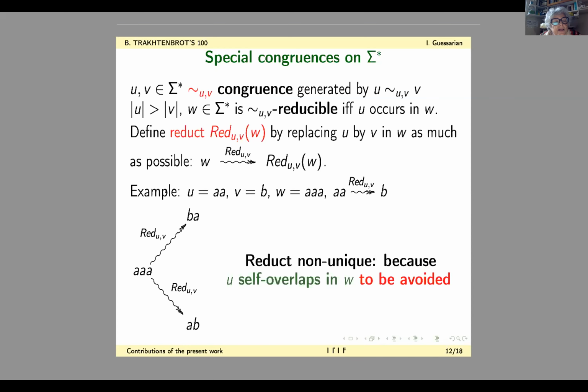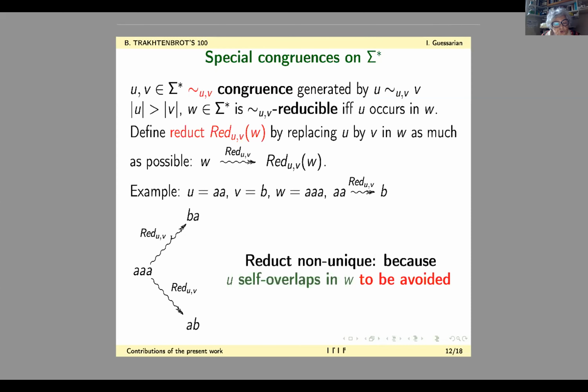Let's take an example. If u is AA and v is B, so we do have the length of u larger than the length of v, let us try to find the shortest possible equivalent to AAA. Either we reduce the first two A's and we get BA, or we reduce the last two A's and we get AB.